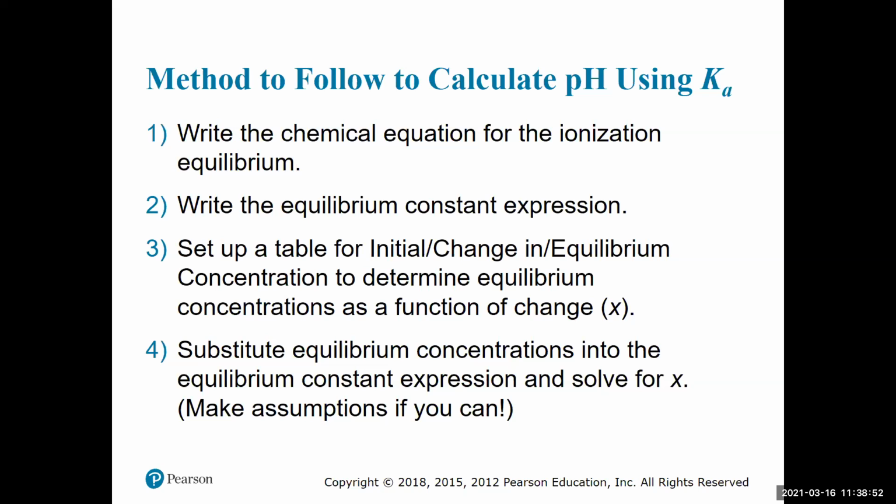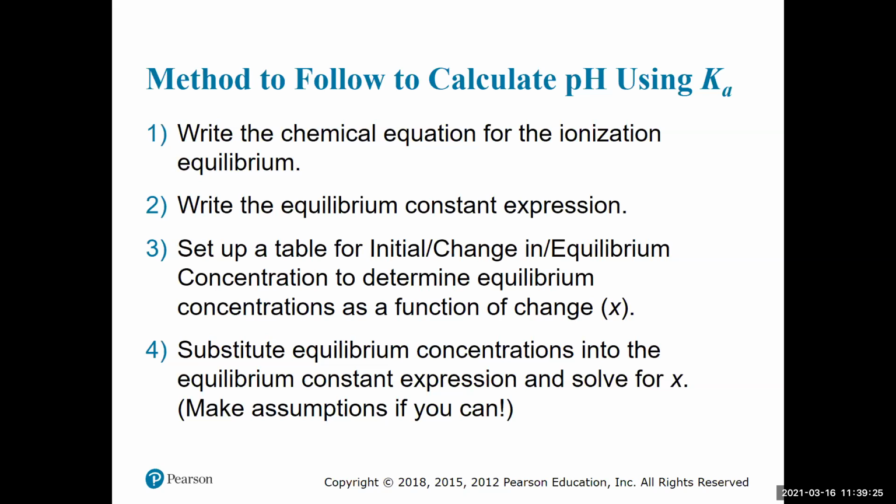So once again, we're going to write the chemical equation, and we want it balanced. It allows us to know what the stoichiometry of the reaction is. Then we write that equilibrium expression. Then we set up our table with the initial, the change, and the equilibrium concentration with reactants and products. We set that table up again and fill that in.